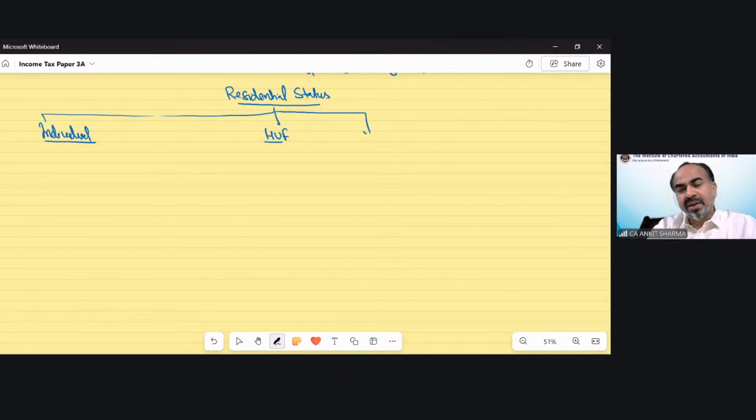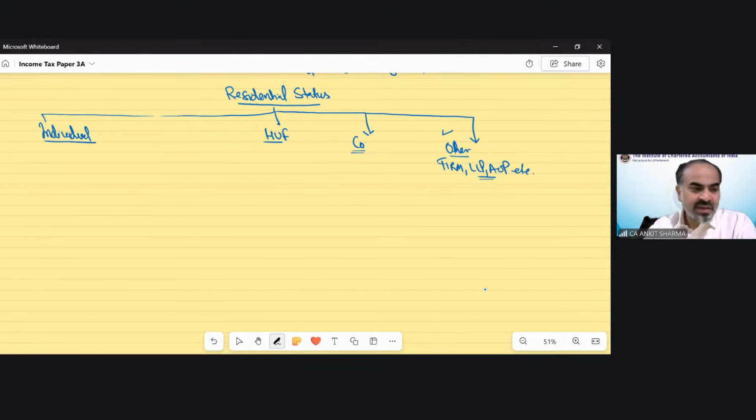Then the third case is a company. If you are a company, whether you are going to be a resident or not. And the last is other categories. Except these three, all will fall in this category, like partnership firm, LLP, AOP, etc. So there are four categories in which we will understand when these are going to be resident, non-resident, etc.